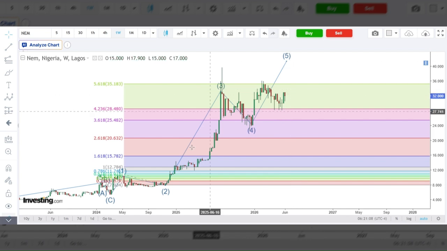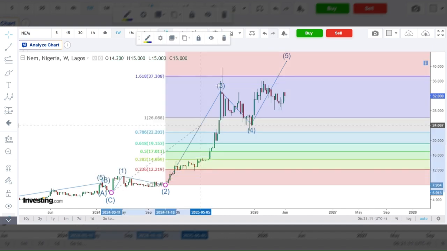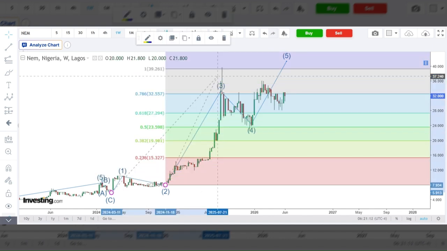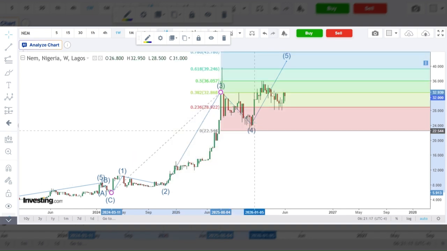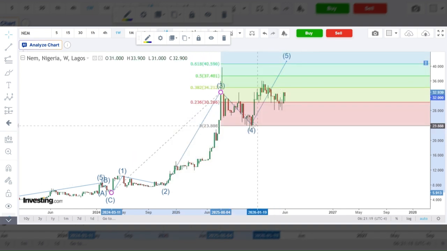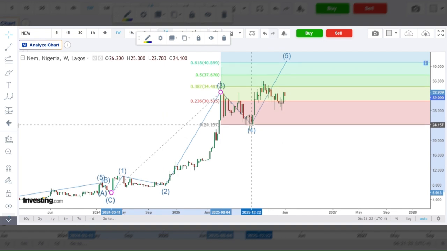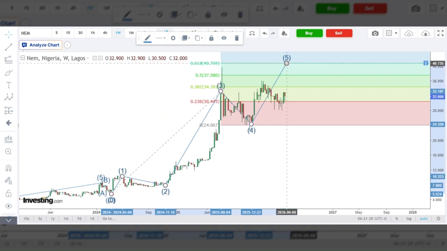And as expected, it's supposed to stop around either 0.618 or 1, which is 100%. We can't see the level of 1 where 1 will be. So what I'll say is this 5 will stop at 40.769 naira. If you invested from this low to this place, as I said earlier, that is 33%.